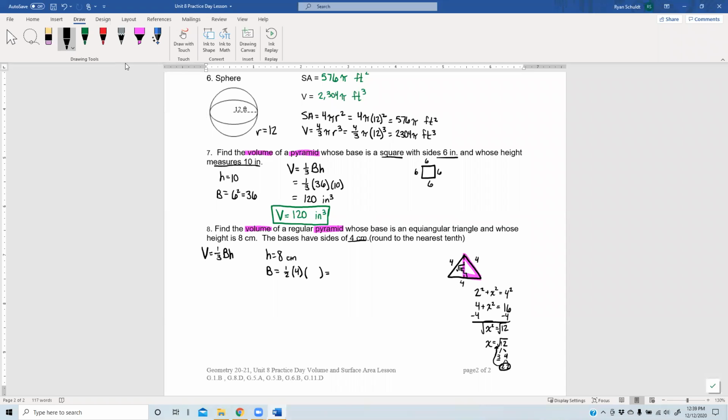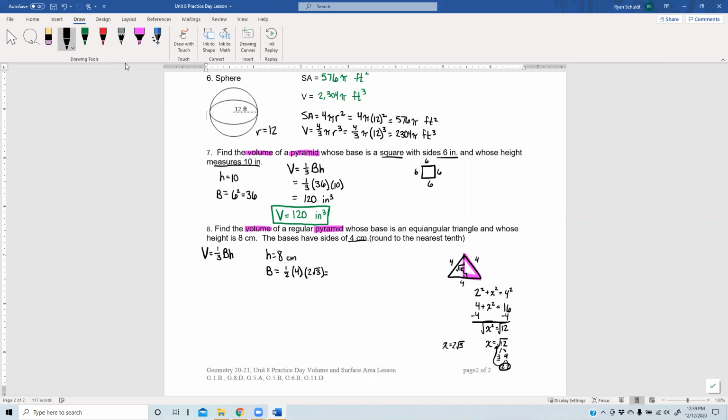So our height here is really 2 square roots of 3. Yeah, we need to remember how to do that.